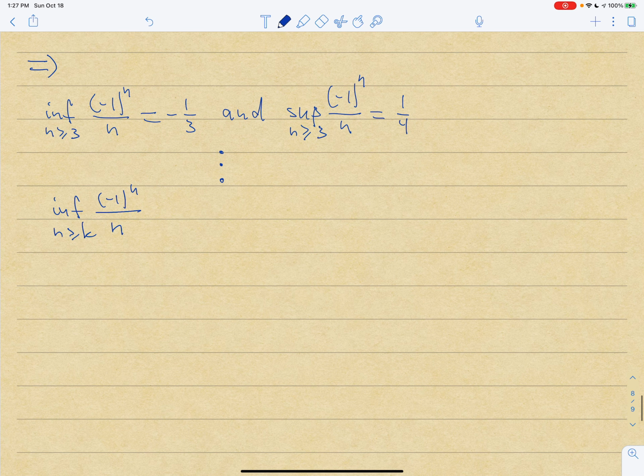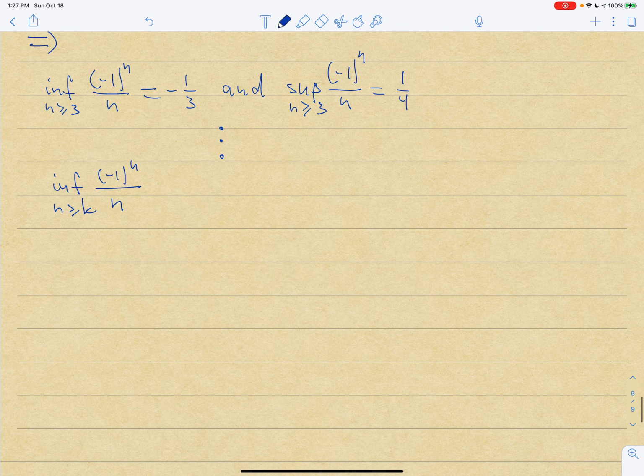Well, what shall we see here? We will see that if n is, let's say, if n is even, sorry, not if n, but if k is even, then the sequence will look like: -1 to the k is going to be 1.